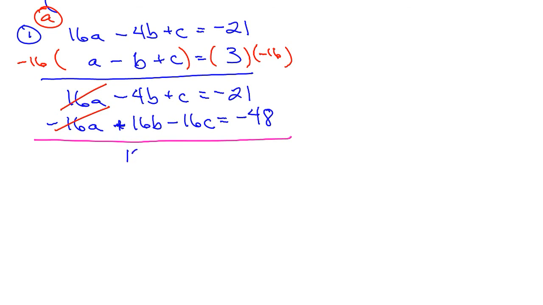That leaves me with 12b minus 15c equals -69. Let's hold on to that equation.